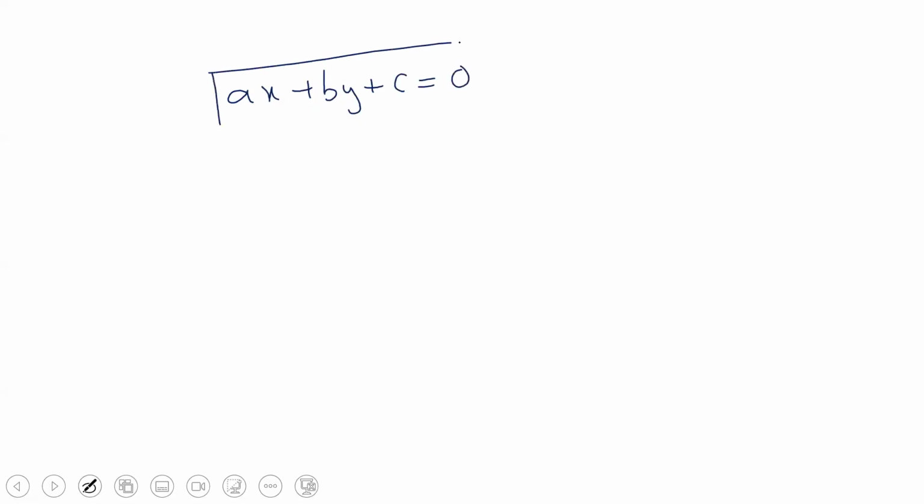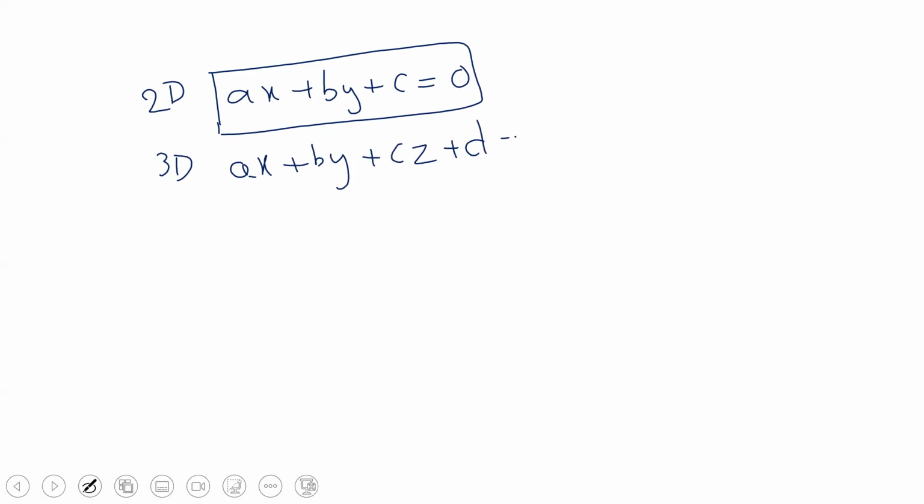So you represent this line as ax + by + c = 0. This is the representation of a line in two-dimensional space. Okay, in three-dimensional space, how do you represent this? This is represented as ax + by + cz + d = 0. That is how you represent it in 3D.